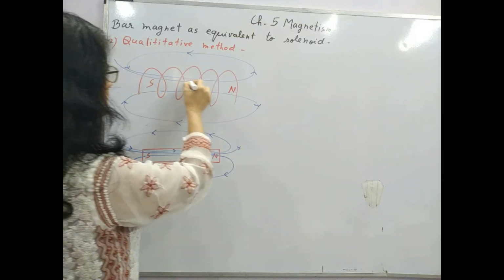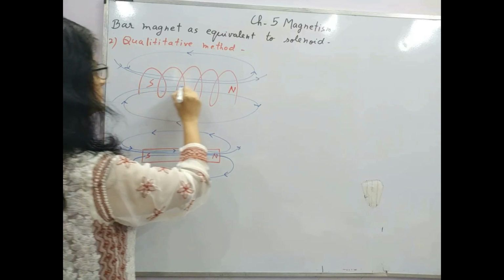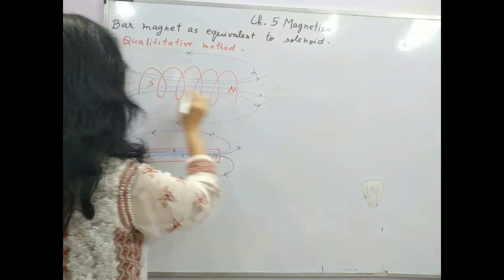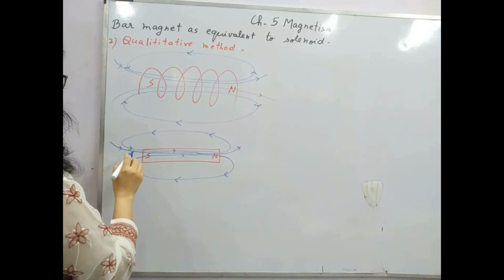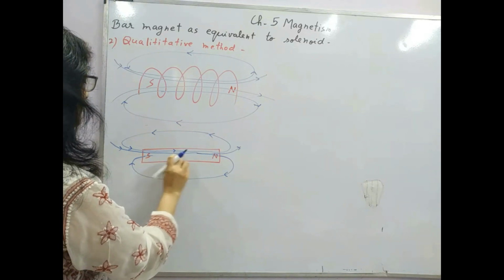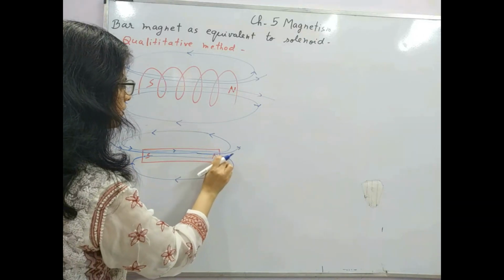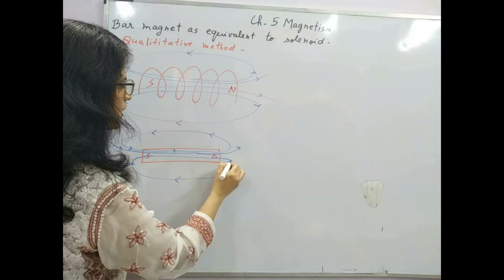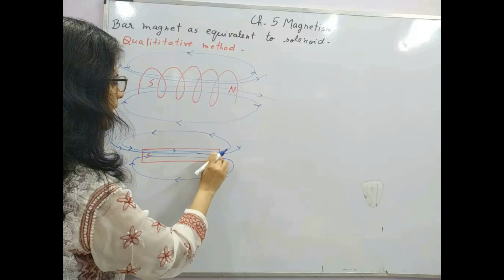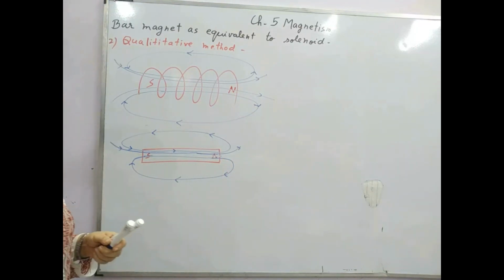Similarly here, right? So this way we know that the magnetic field lines are of the same pattern in both the cases, right?